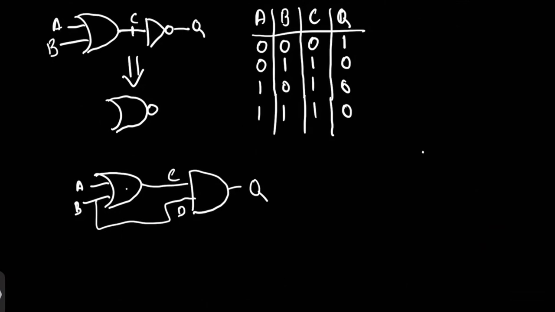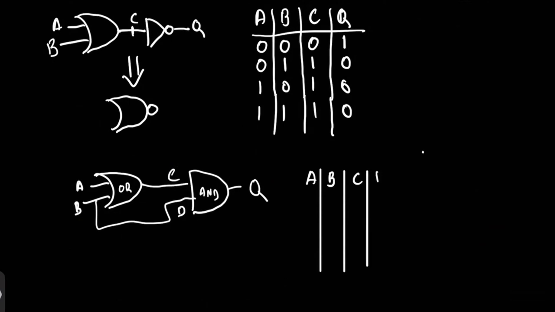So this is the next example here. It's an OR gate right here and an AND gate right here, but it looks a little different. So same thing, we're gonna make our truth table, but this time we have a couple of signals. I'll write it down.